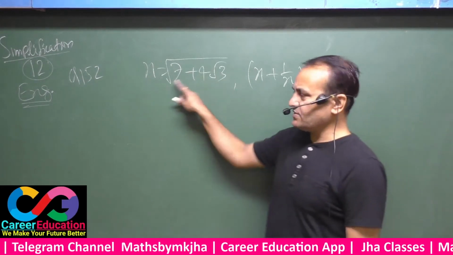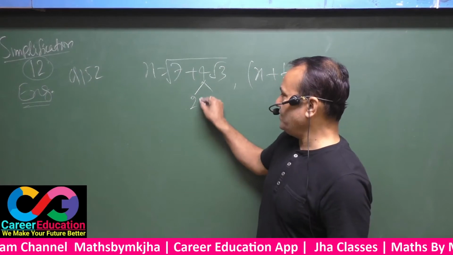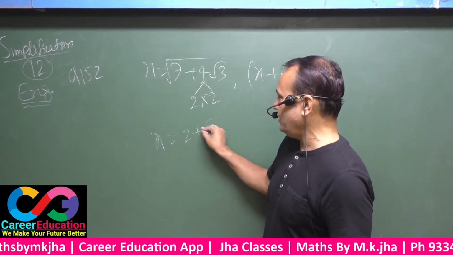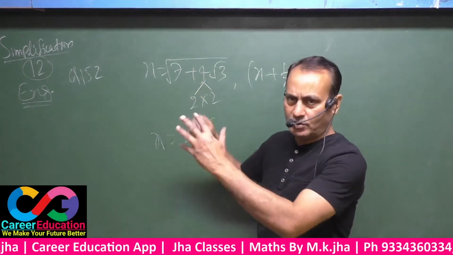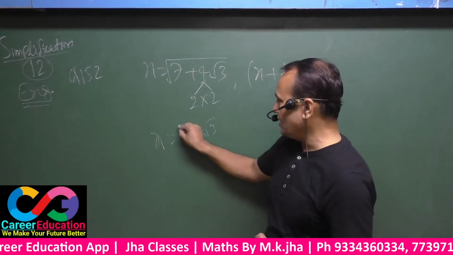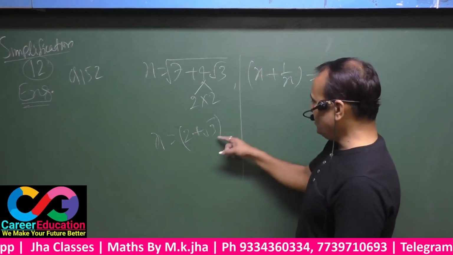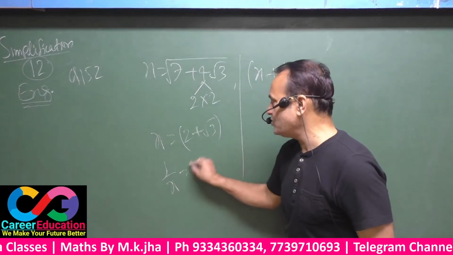Since the shape is exactly the same, x equals 2 plus root 3 whole square, and the square root will be cancelled. That means you get x equals 2 plus root 3. Here x is this one, and 1 by x will be this one.